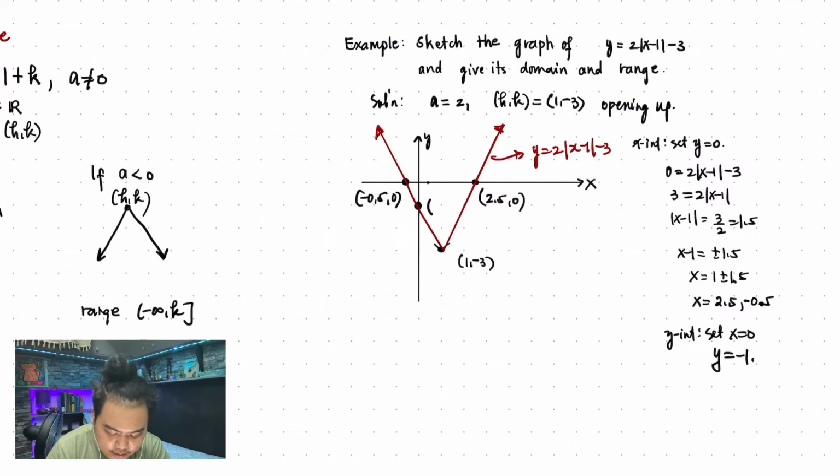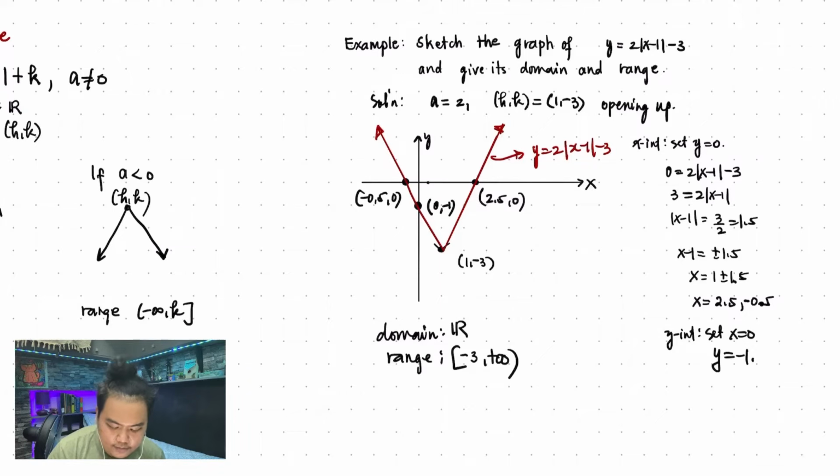And the y-intercept is 0, negative 1. And of course, the domain is the set of real numbers. And the range, we start with k, which is negative 3 to positive infinity. K mo is negative 3.